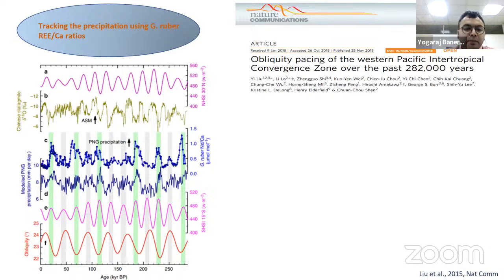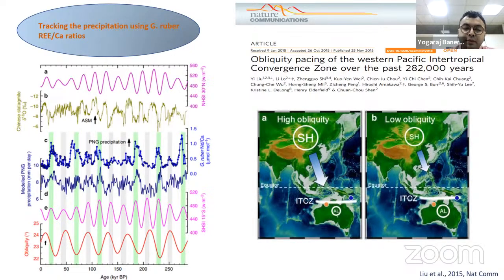The authors proposed a unique mechanism driven by obliquity, and it is a pressure push mechanism. I am describing the mechanism here in this right hand panel. The movement of the ITCZ is driven by the interplay of the South Siberian high and the Austral low, two different pressure zones.